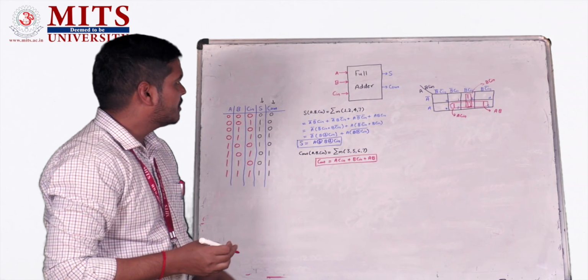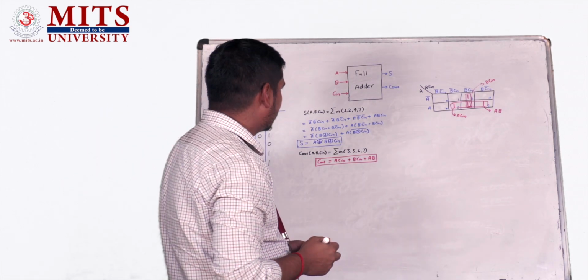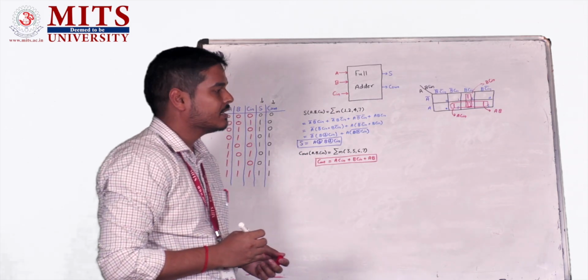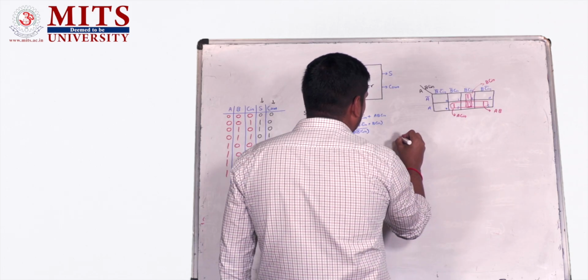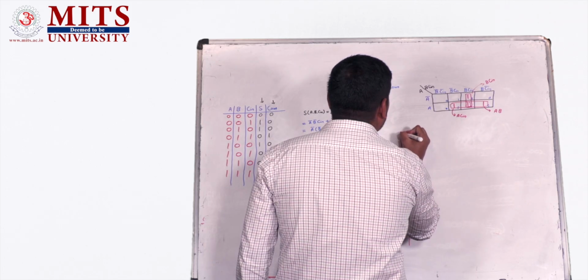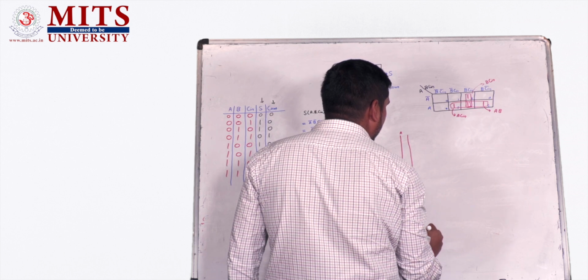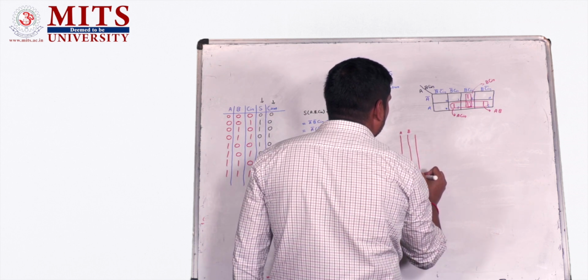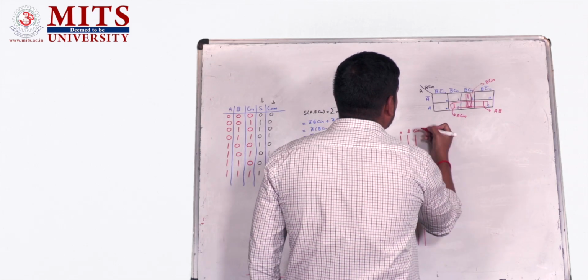So now we have got both expressions, both characteristic equations, for both output variables, sum and carry output. So now let us draw the final circuit for this full adder. This is input line A, this is input line B, this is input line C in.